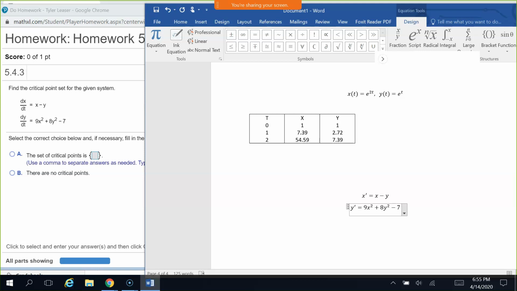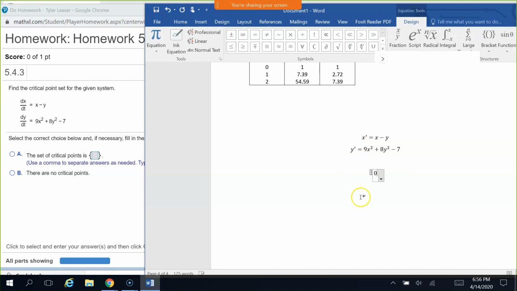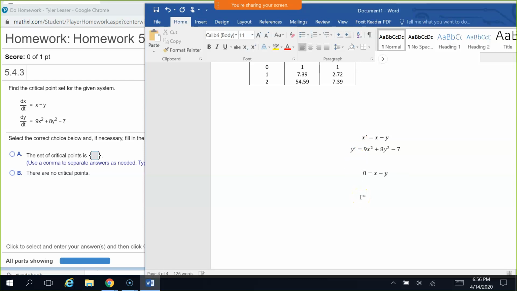The critical points are where the derivatives are 0. So basically what we want is to set your two equations equal to 0 and then figure out where the solutions to that are. I'm just double checking my notes to make sure I'm not saying anything crazy. Yes. Okay, cool. So all we're going to do is anytime you see an x prime or a y prime, you're just going to substitute in a 0 for that.